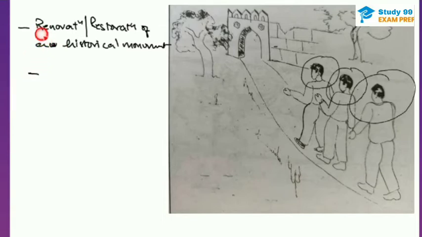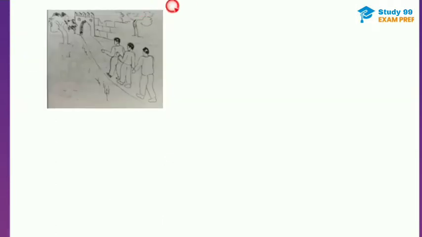Second, many of you had told about a trip or a picnic, and many other things that we had seen. Clear? How to start writing a story of renovation or restoration of the monument.